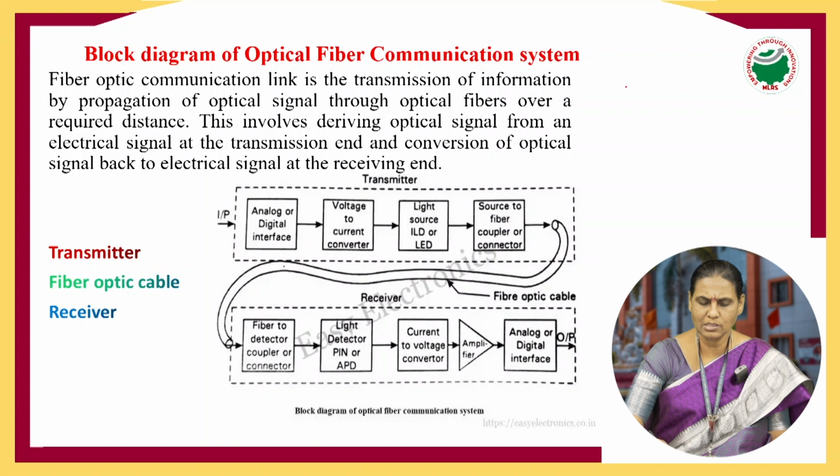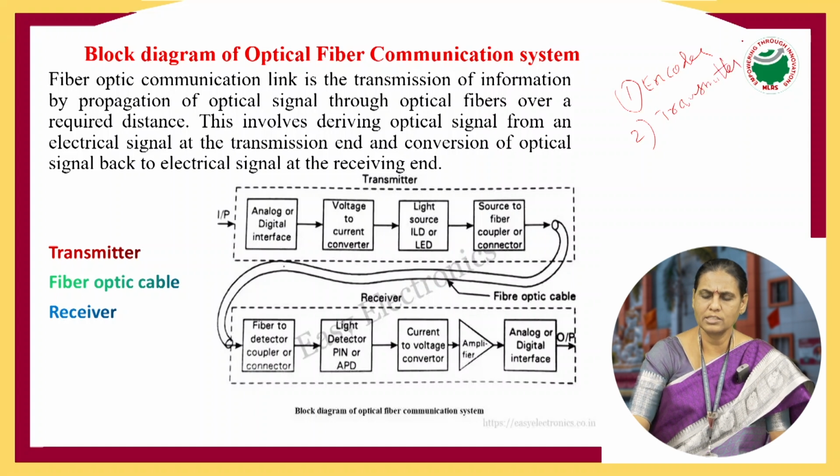The first component is the encoder. The second component is the transmitter. The third component is the optical waveguide. The fourth component is the receiver. The fifth component is the decoder.